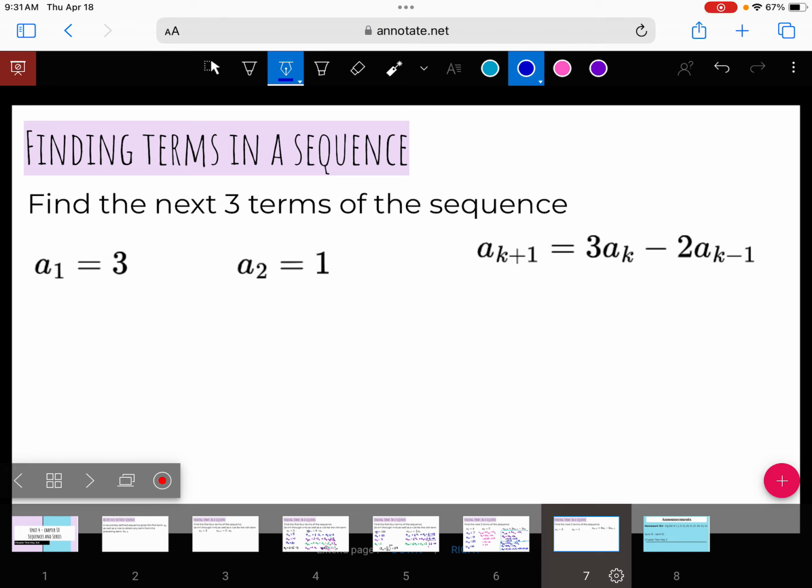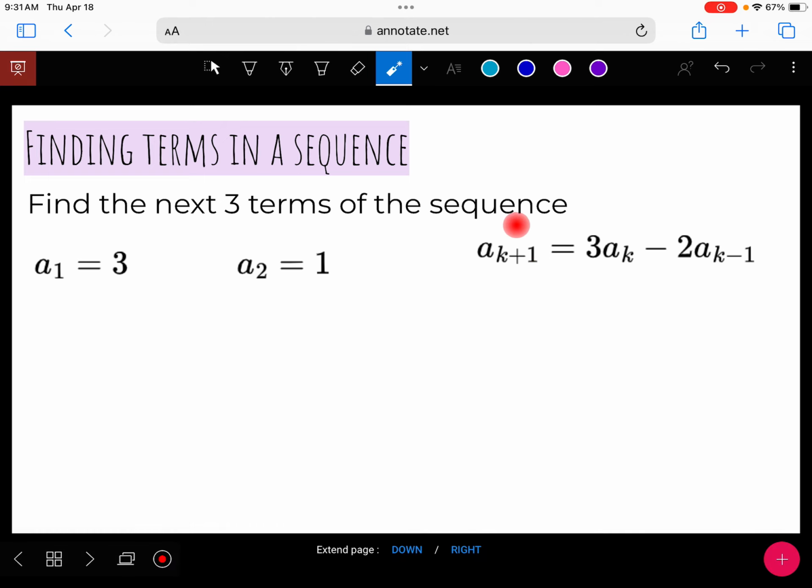Except this time we're given an a sub 1 of 3, an a sub 2 of 1. And we're told a sub k plus 1 is 3 times a sub k minus 2 times a sub k minus 1. Oh, so this is our last one for the day. So, like, we're good on time.